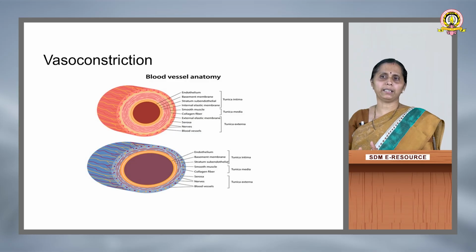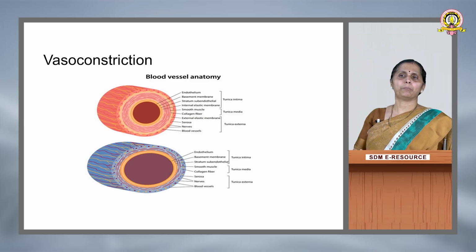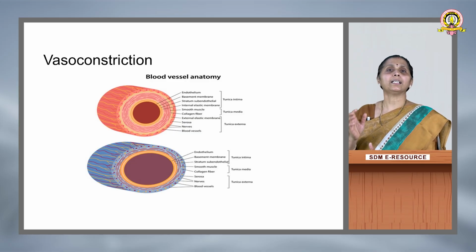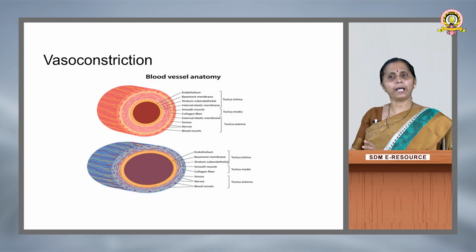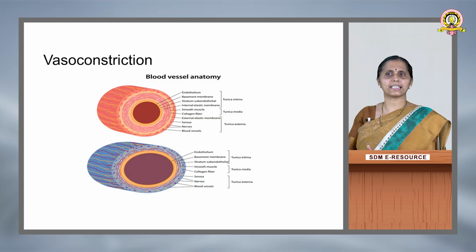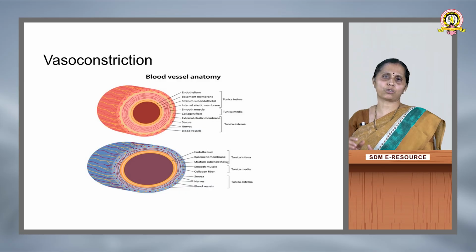But in vein, comparatively it is less. But both of these are capable of contracting and decreasing the lumen of the vessel. Compared to vein, the elasticity is more in artery because of the thick muscular layer.